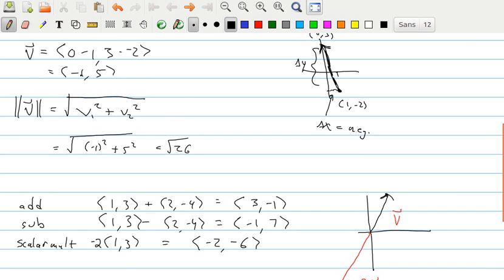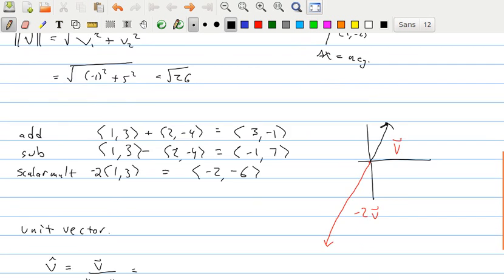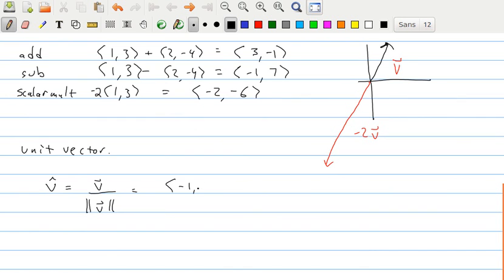We took our vector negative 1, 5, and we're going to divide it by its length, the square root of 26. We multiply that radical to both components, so negative 1 over radical 26 and 5 over radical 26. You can verify that the length of this vector is indeed 1. So that is the idea of a unit vector.